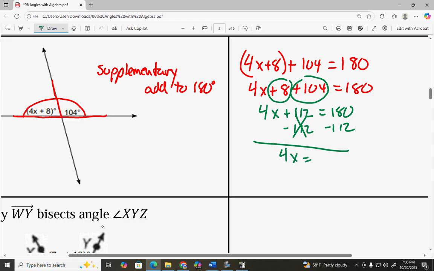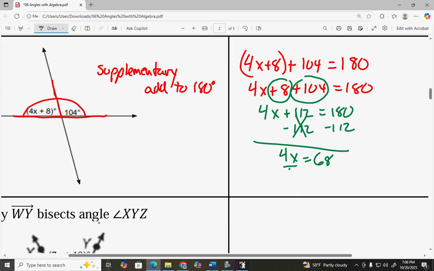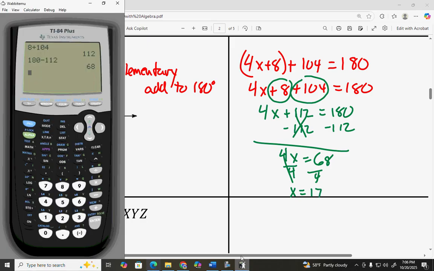So 4x equals 180 minus 112, which is 68. Divide both sides by 4. And we should get 17.